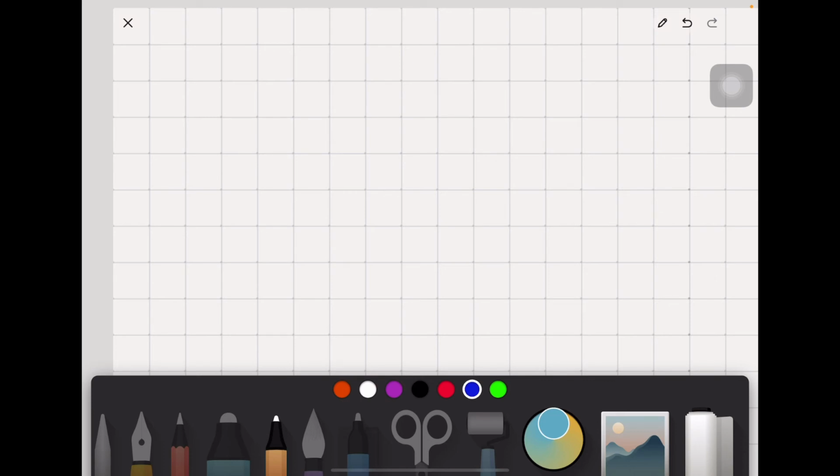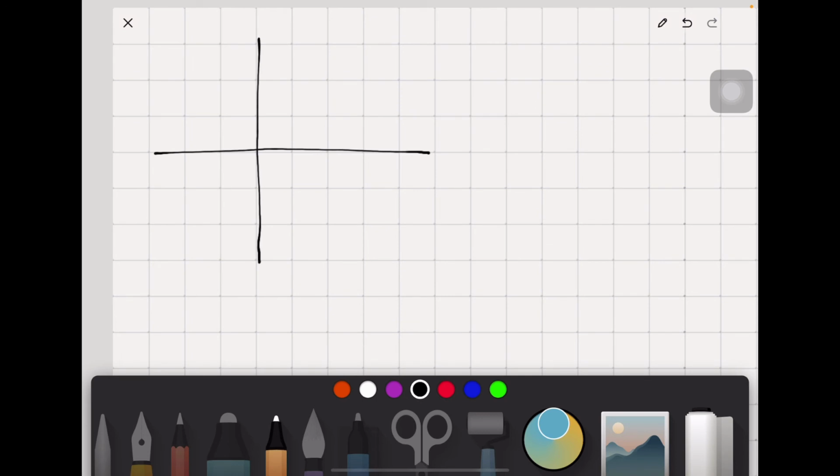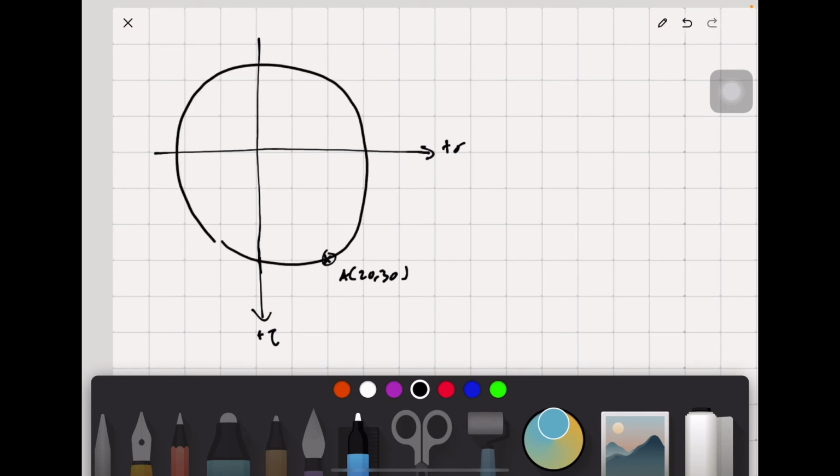We plotted previously with the coordinate of 20, 30 for positive tau and positive sigma, roughly the location over here for our point A, 20, 30. So out of this circle, we have drawn our circle in the solution.